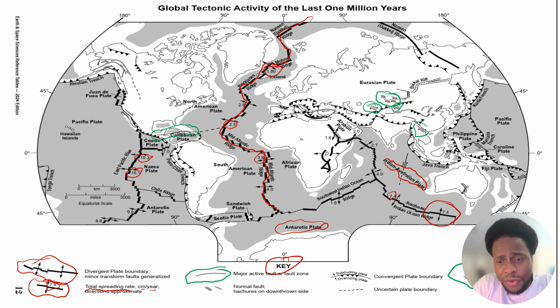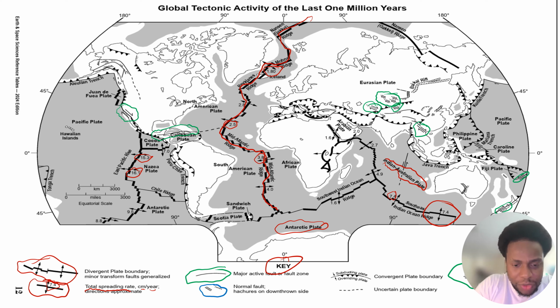We also have a transform plate boundary here, transform plate boundary there, and this one in the San Andreas Fault in California, the west side of United States. And of course, if you look all around, you're going to see more of the transform plate boundary in there. Okay, so next we're going to look at normal fault.